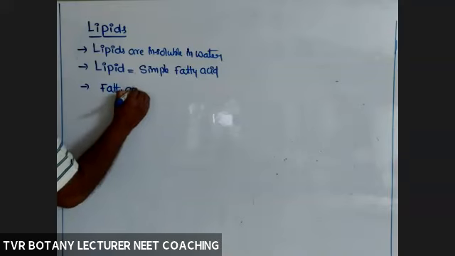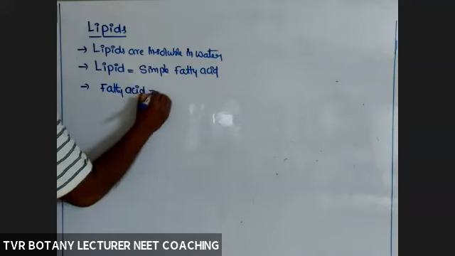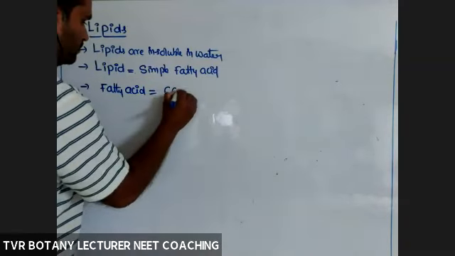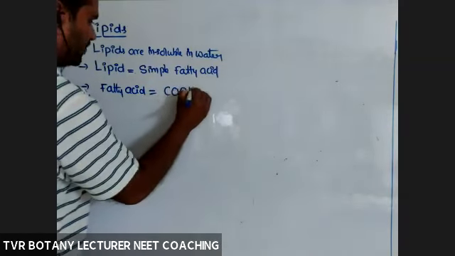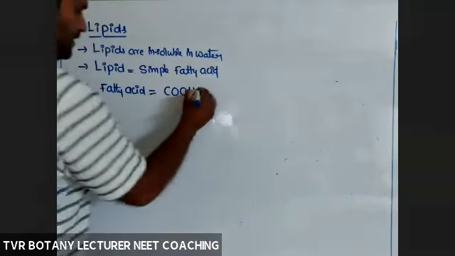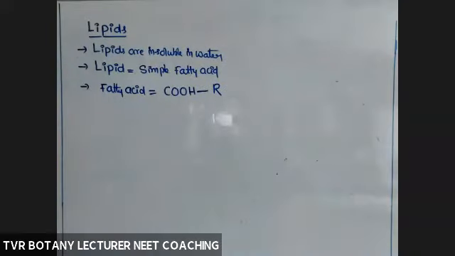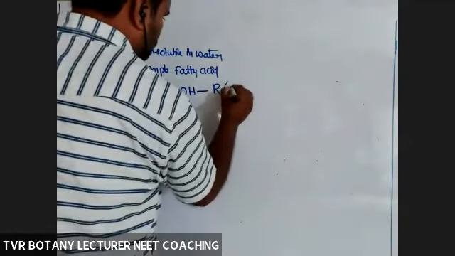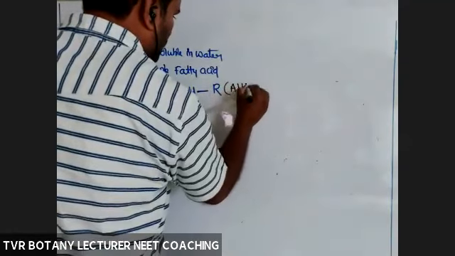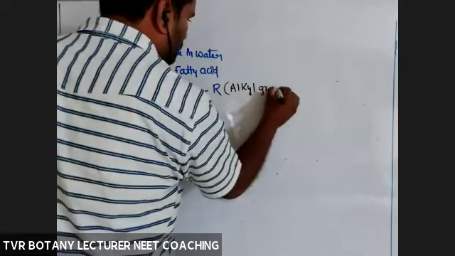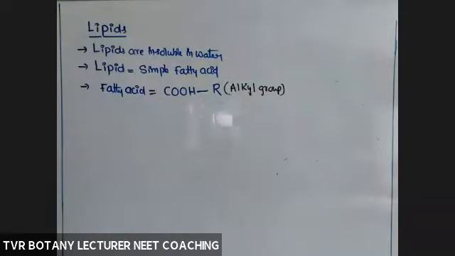According to chemistry, fatty acid is carboxylic group, compulsory COOH group attached to R group. R is variable alkyl group. So R is an alkyl group and it is variable.